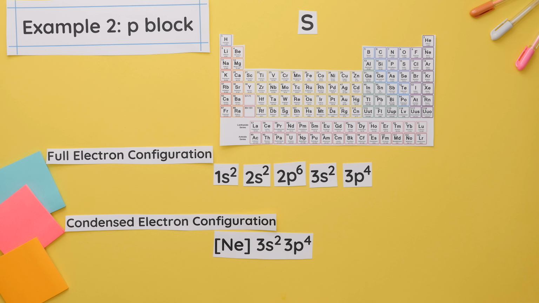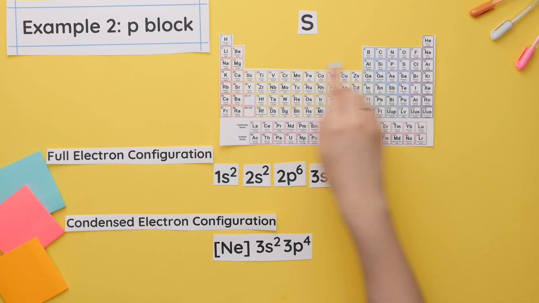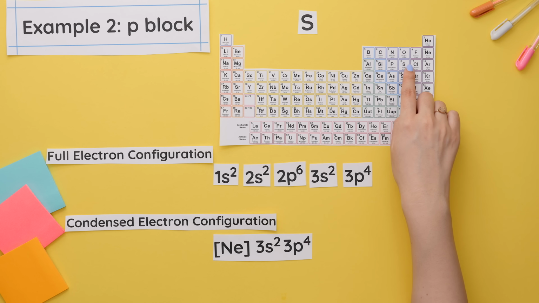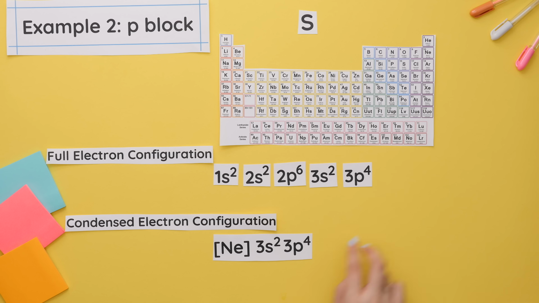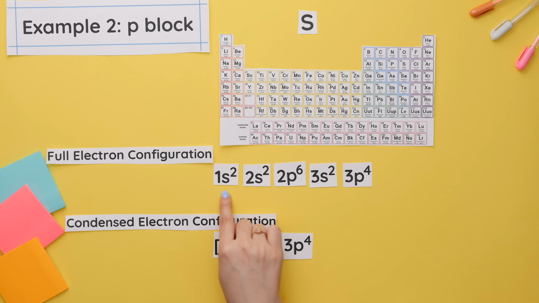Think of the noble gas as a placeholder or the new place to start, so we will continue after neon and write the remaining parts of the electron configuration for sulfur. So 3s2 and 3p4. By placing our neon first, we are actually accounting for this entire portion of the full electron configuration, since that portion is the electron configuration of neon.